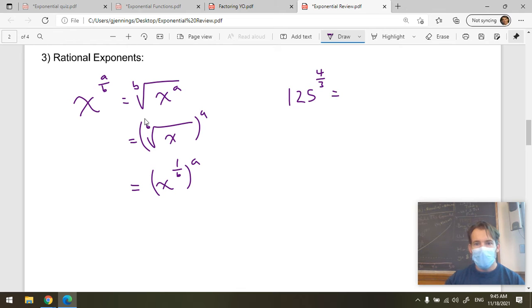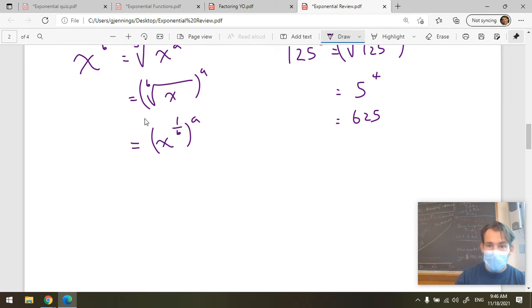But here, if I want to do this step by step, I could write this as the third root of 125 raised to the power 4. And that's equal to 5 raised to the power 4. And that's equal to 625. Okay? Or I will give you questions like write as a rational exponent.